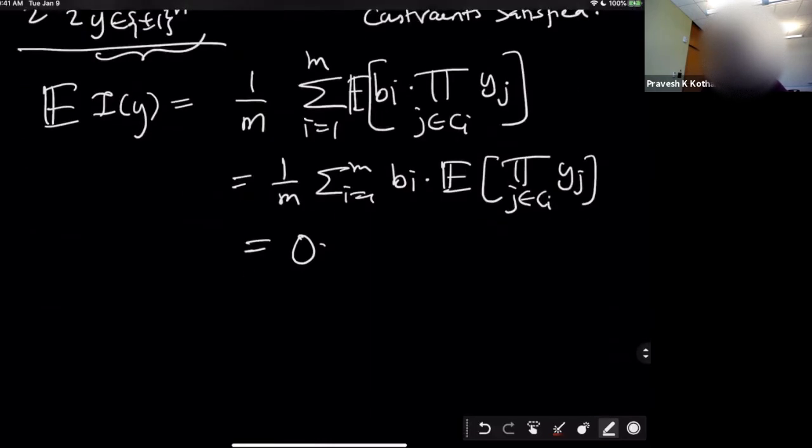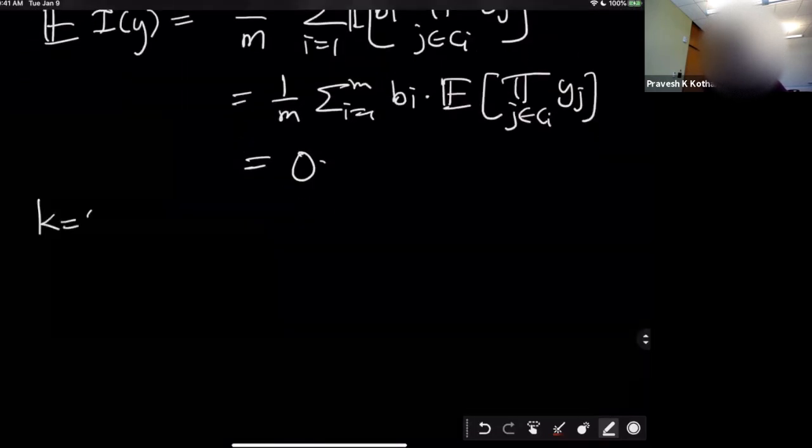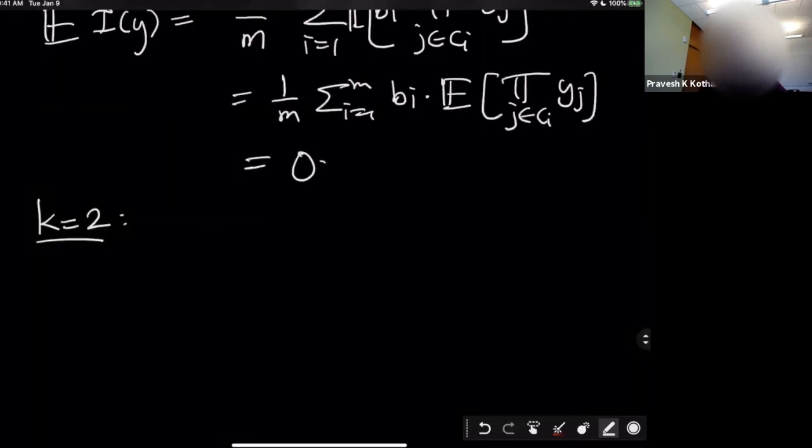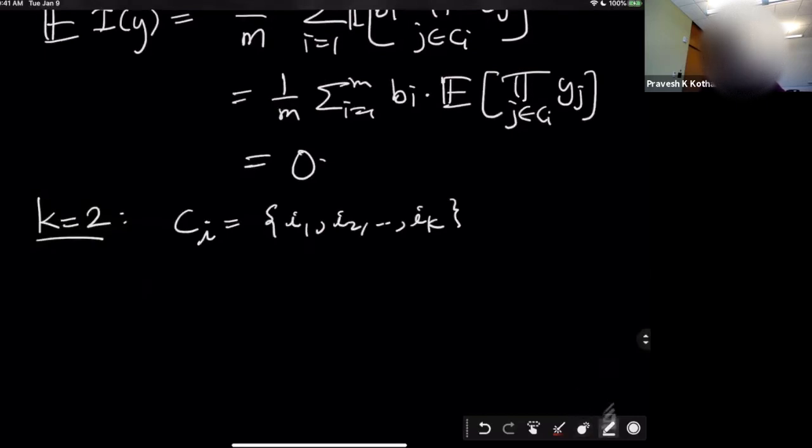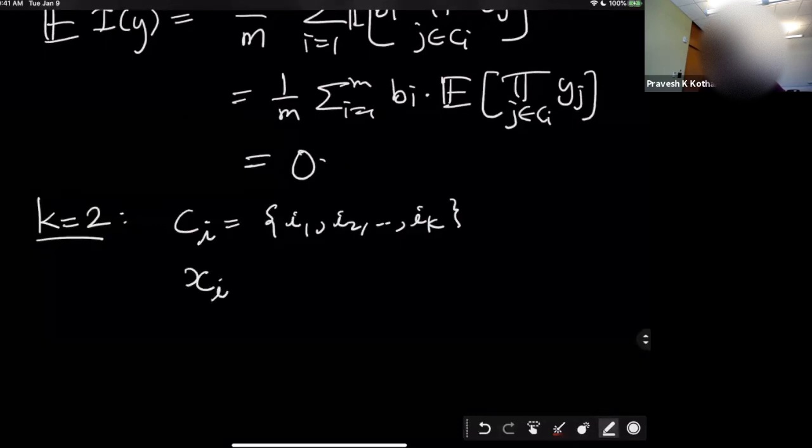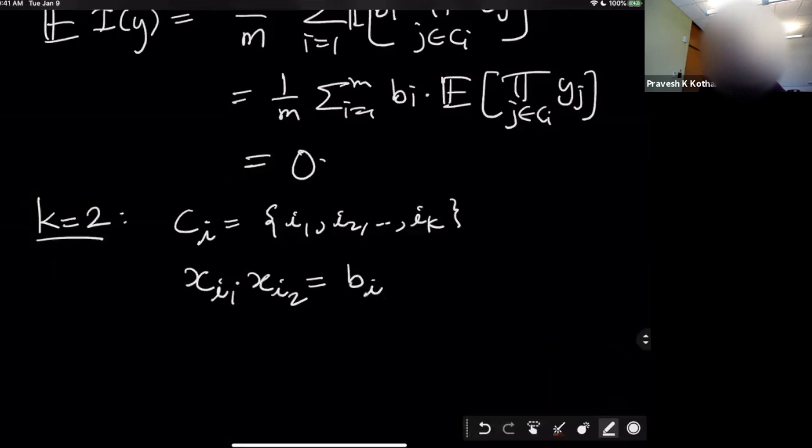In fact, this is, if you remember, the k equals 2 case. So, just to remind you, what happens in the k equals 2 case? In the k equals 2 case, our constraints are like, let's say Ci is described by the k-tuple in Ci, which is just i1, i2. So if k equals 2, then my constraint corresponding to Ci is simply xi1 times xi2 equals bi, right?